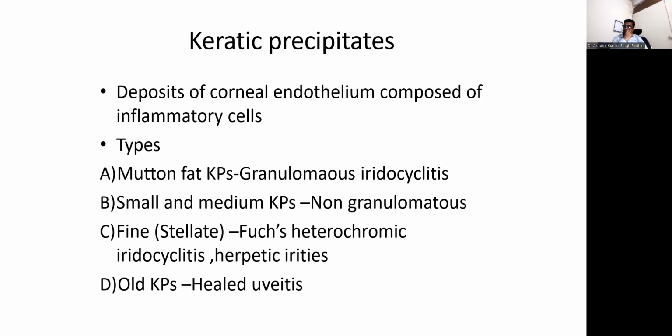With that, you can make the diagnosis of uveitis, and if you are planning cataract surgery, you can plan accordingly. So we'll move to the further slides for the upcoming information about our topic.